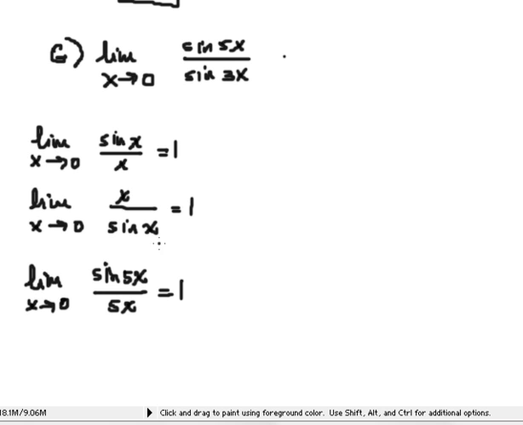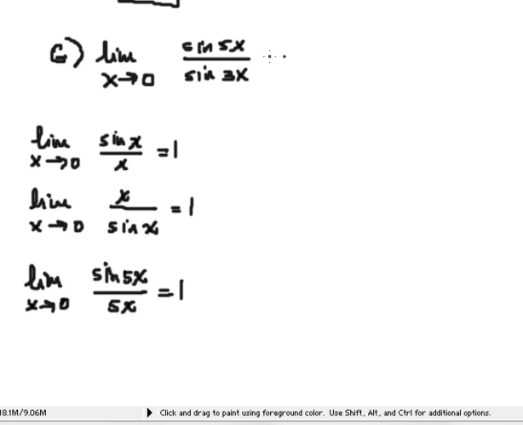Okay, and now it's important to realize as well that the limit as x goes to 0 of something like sine 5x over 5x is also 1, as long as we have the same number here and here, 5 here, or any positive number. With any positive number here and here, we'd have the same limit, because 5x and 5x are both going to 0 at the same rate. Okay, so this limit is also 1.